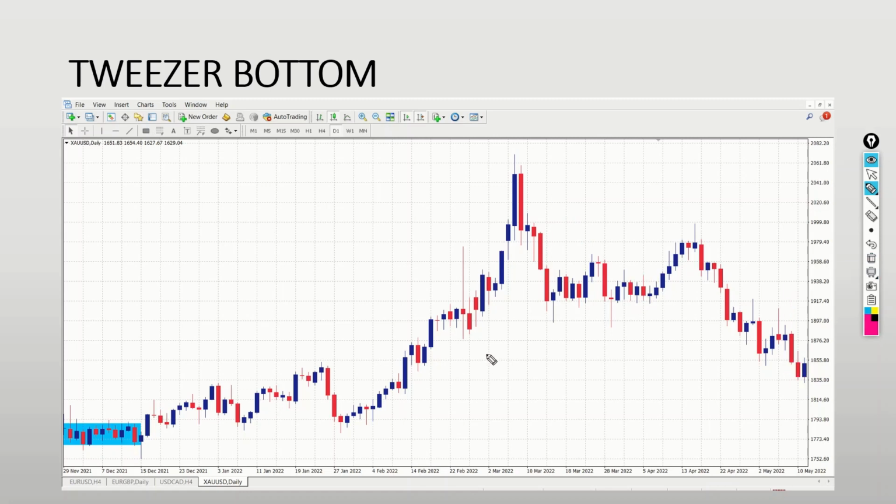So we are saying that tweezers always open in a downtrend, the tweezer bottom, and they normally share the same bodies. Sometimes the wicks might be similar, or the wicks might appear in different directions, and then it is followed by a change in trend. Okay, that is a tweezer bottom.